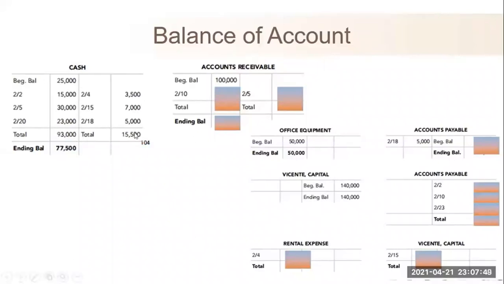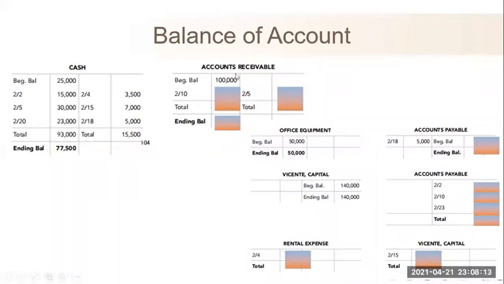Lahat ng naging credit or binayaran natin, i-add natin. Okay, so balikan lang natin yung mga transactions na involve yung cash and then i-reflect natin dito. Yan, so debit, less mo lang yung credit. So meron tayong 77,500 sa general ledger ng cash or yung tinatawag natin cash ledger.